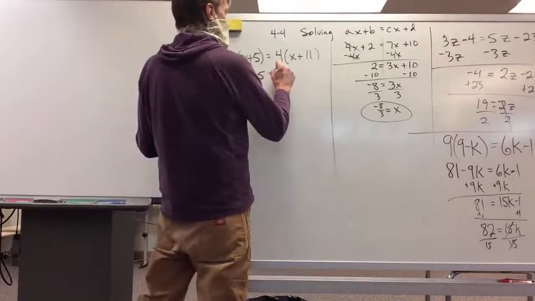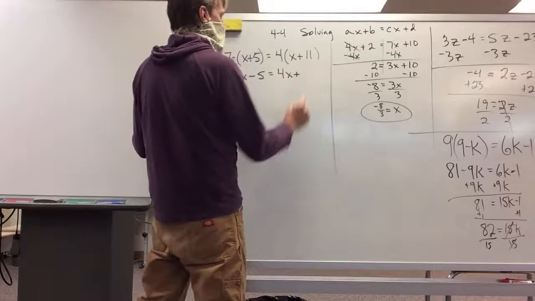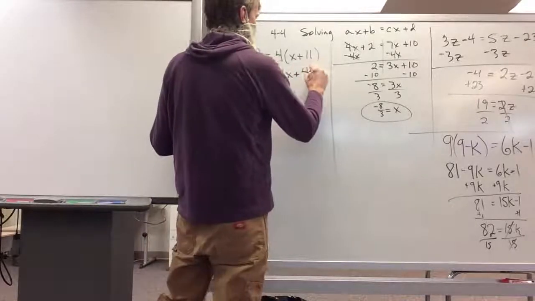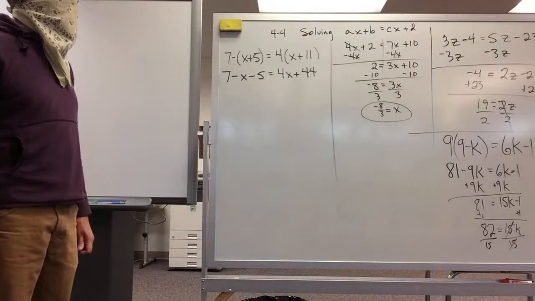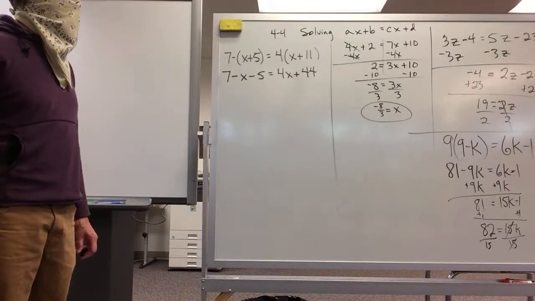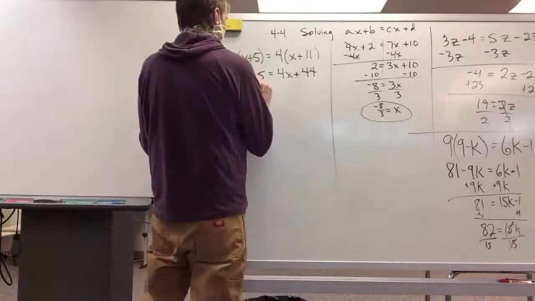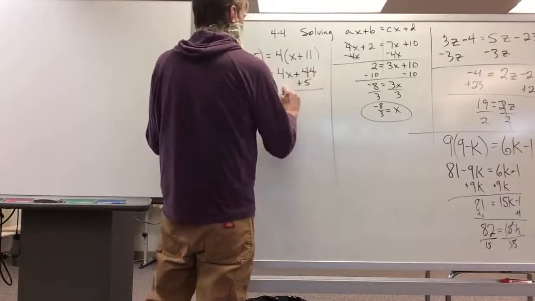What should I make this into? Yep. So, add 5 to both sides, get rid of that.